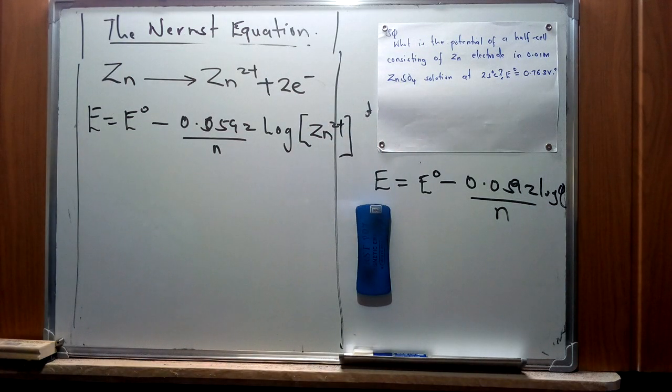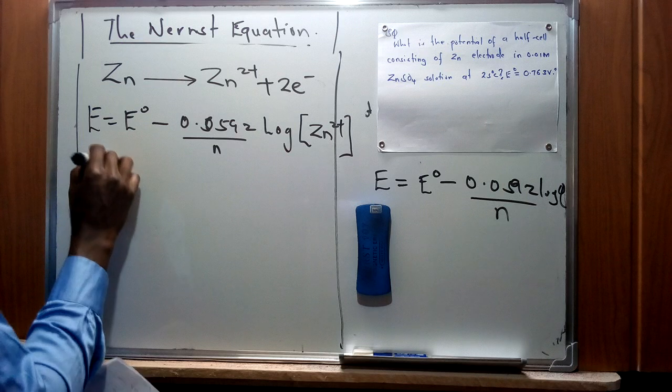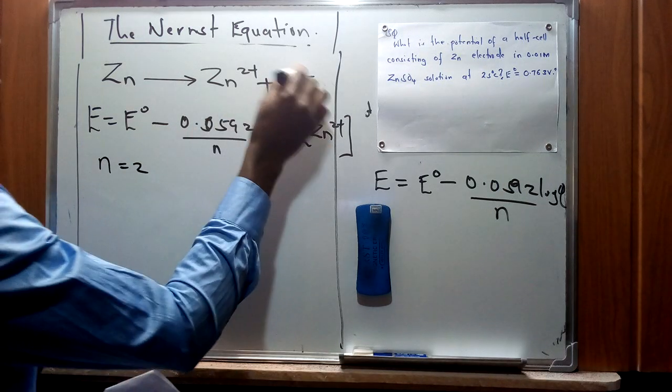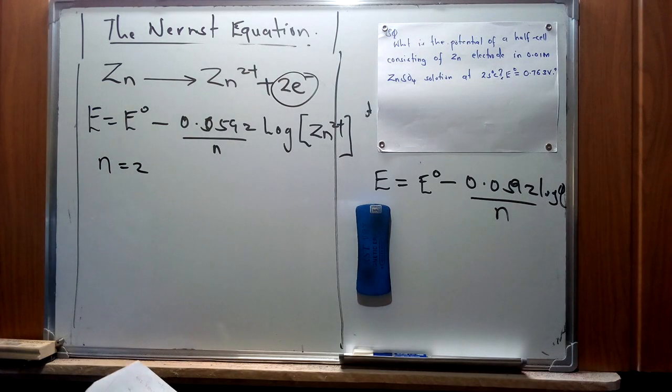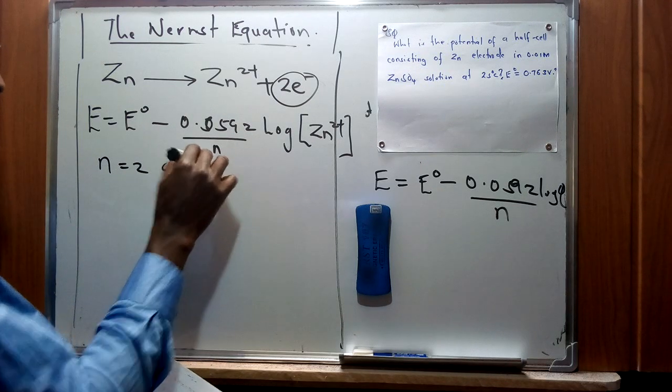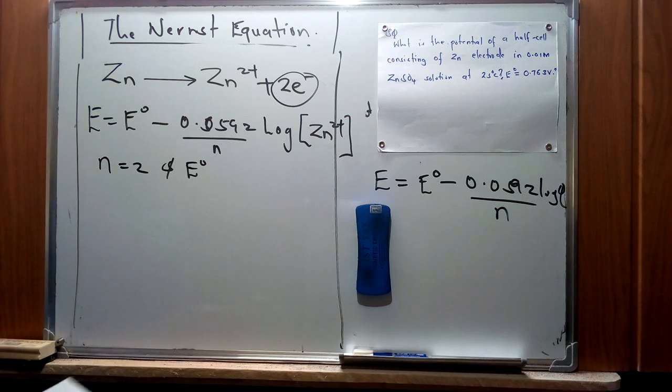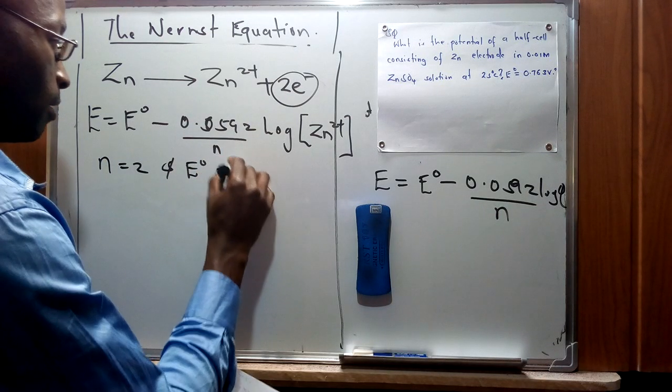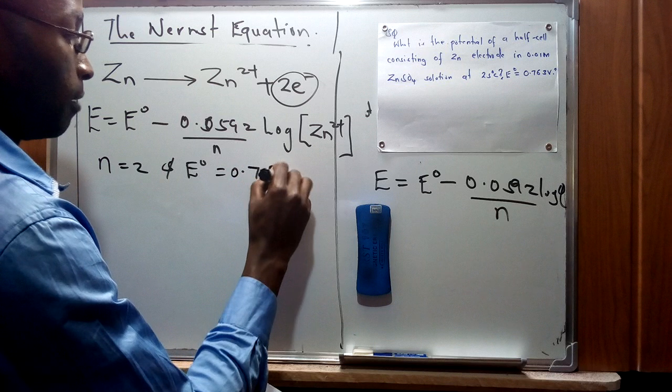So doing a substitution, we have n as 2 from the number of electrons, and our E standard from the question is given as 0.763 volts.